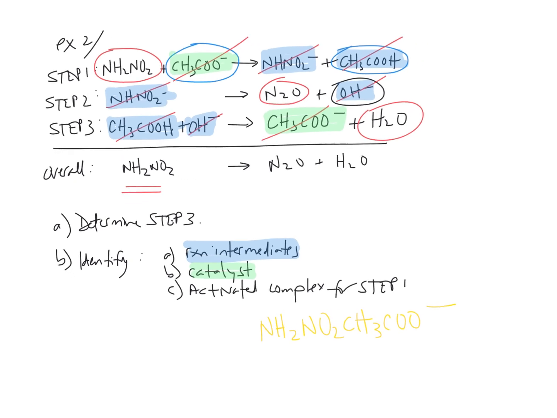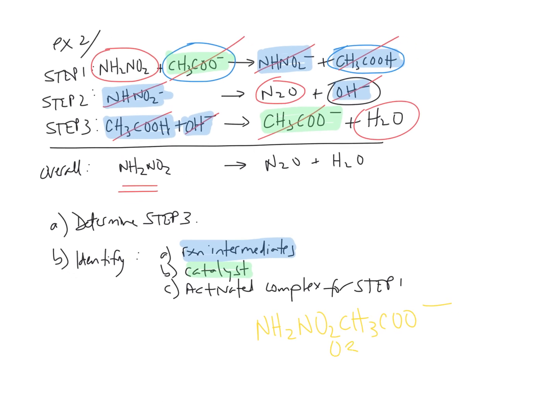Or we could clean that up a wee bit and try to combine different atoms. So what do we got? We got 2 N's, and we have 2 C's, and we have 4 oxygens and a slew of hydrogens, something like this. So you could draw either one of those, and that would be a fair representation of the activated complex.